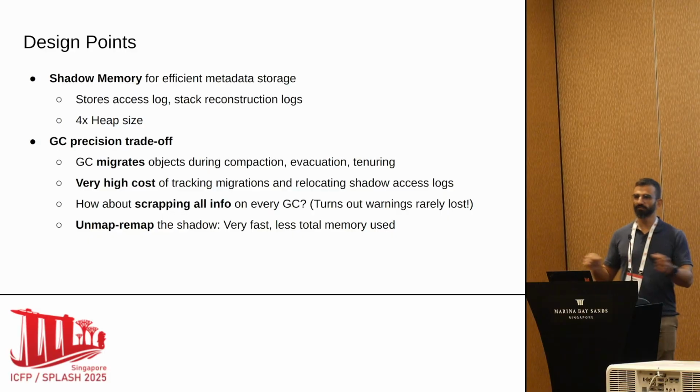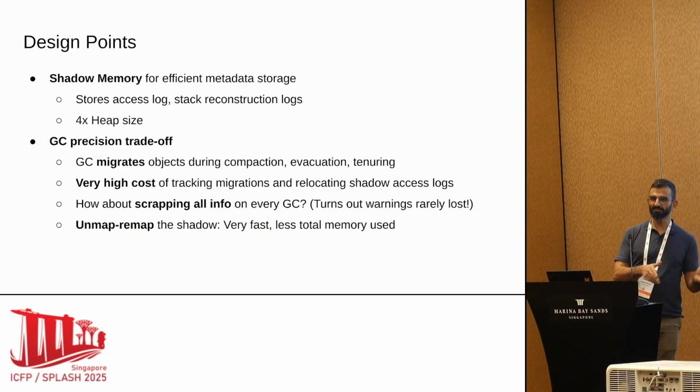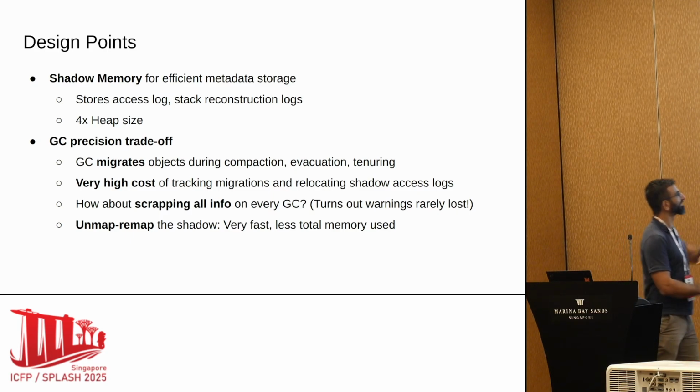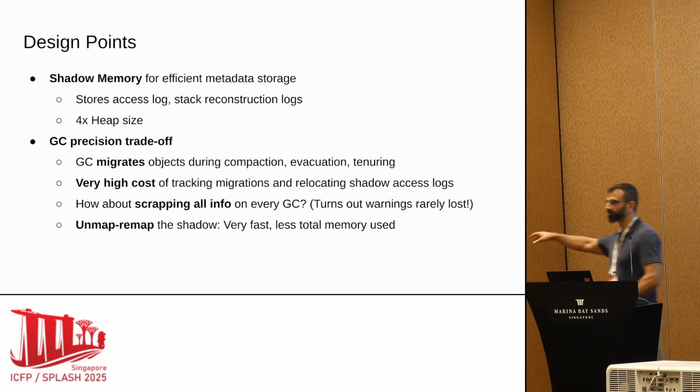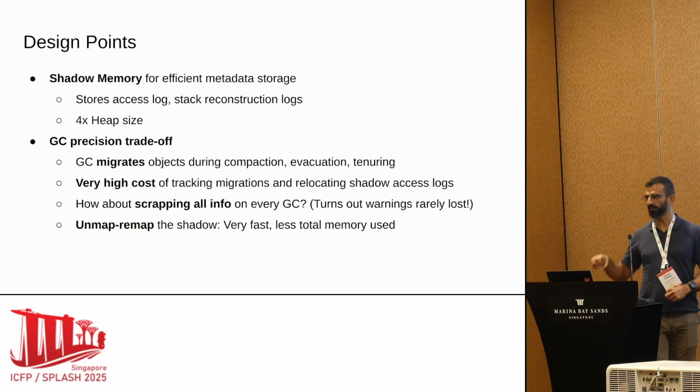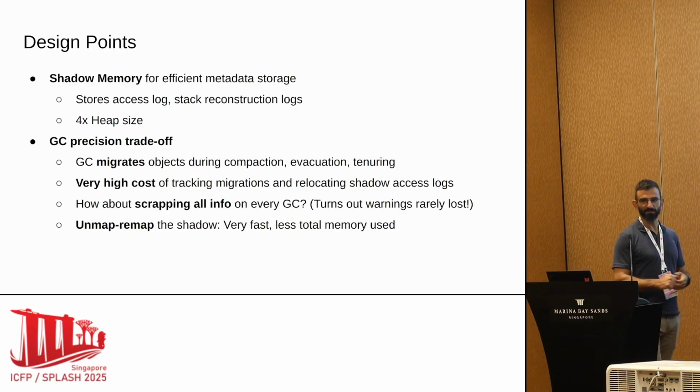So you want to keep track of which accesses refer to which locations. What people have done so far is, when you migrate your object with a garbage collector, you go and find the trace for all the accesses in that object and migrate those as well. And that turns out is very expensive.